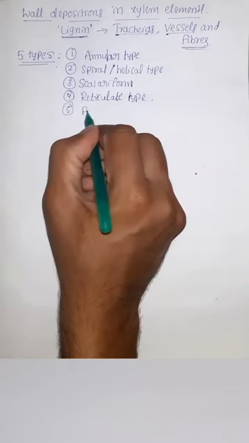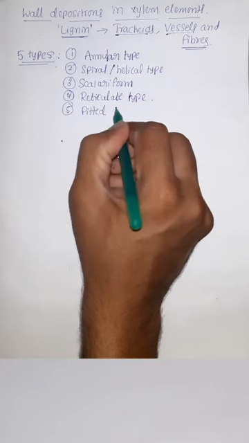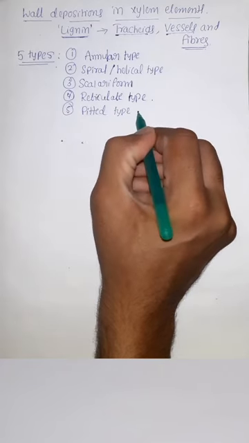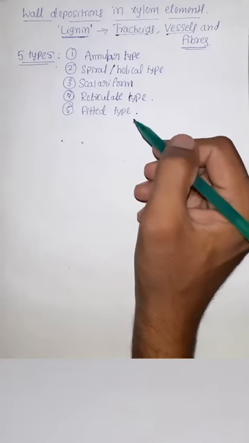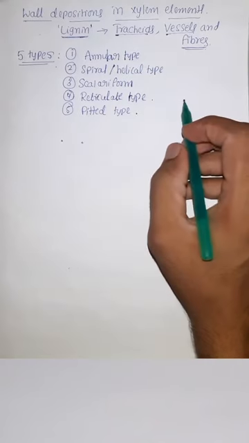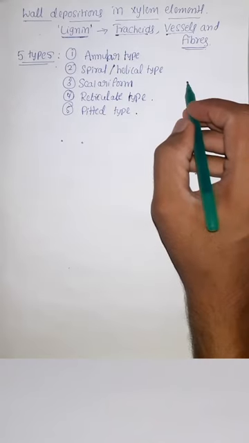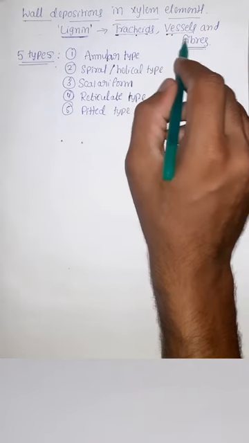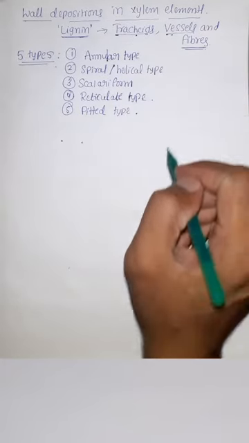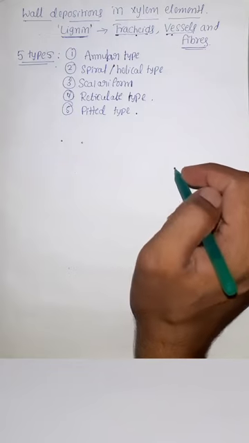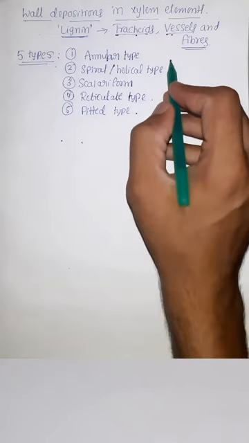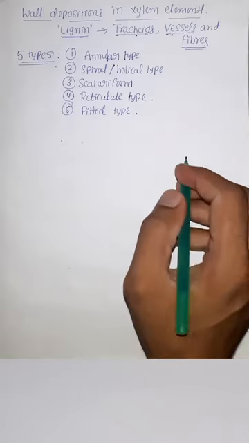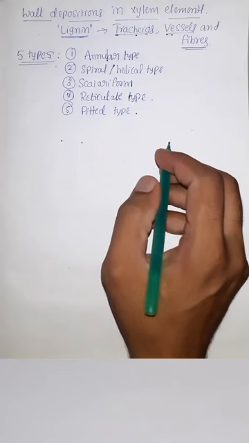Fifth one is pitted type of wall deposition. Here the concept is only one, that is how the lignin is depositing on the walls of tracheids, vessels and fibers. Now I will explain all these things with simple diagrams so that you can easily understand.